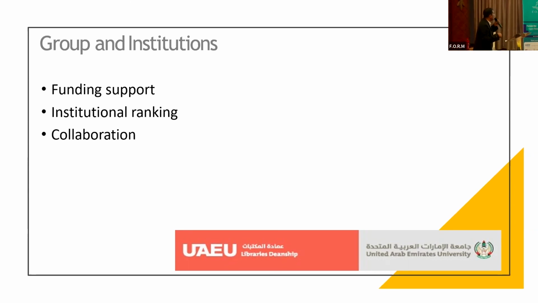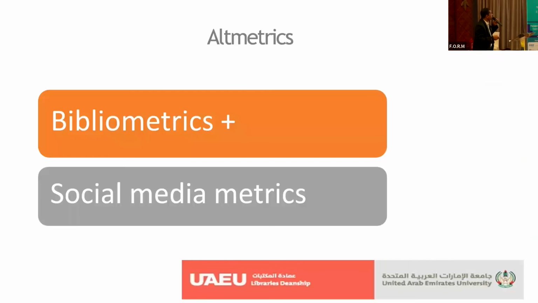Ranking is a big challenge for every institution. All are striving to improve their ranking. To improve the ranking, the quality output must be there. So most institutions face challenges here in improving their ranking. So that's another type of analysis.